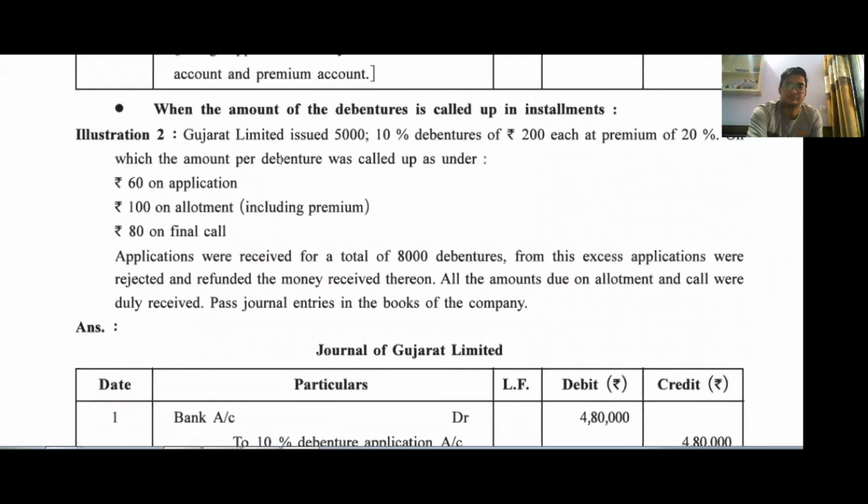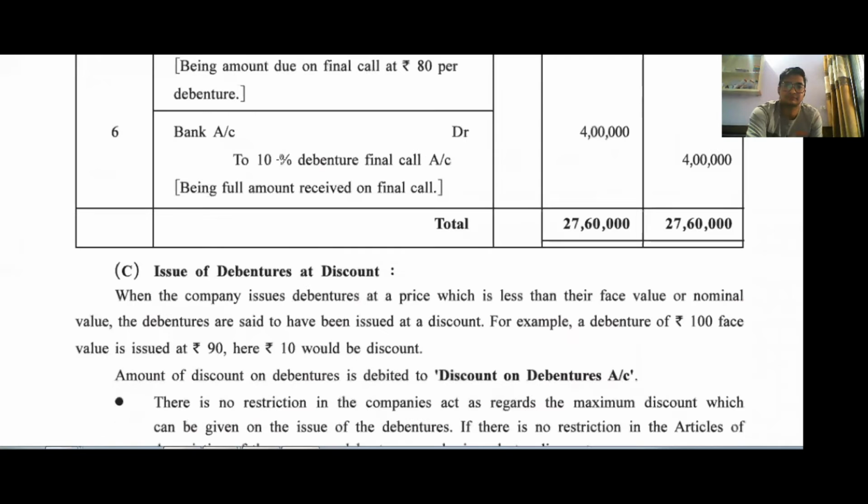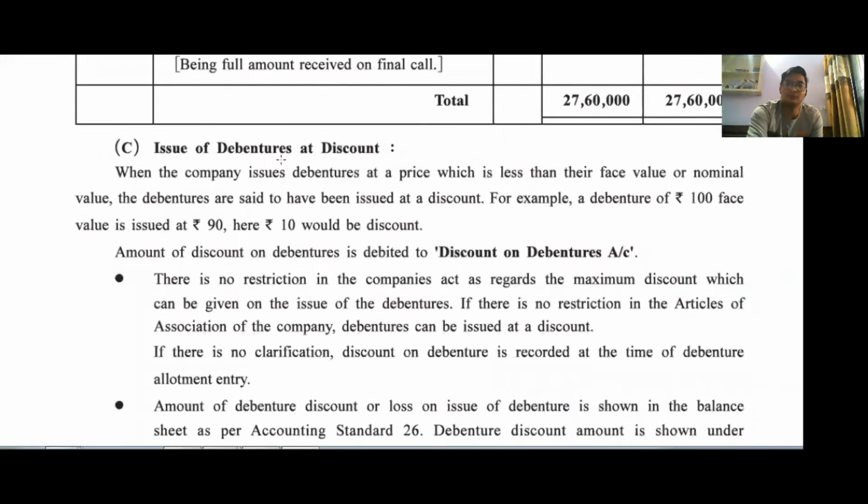Next one, issue of debentures with discount. Here, the face value of the debenture is 100 and the company is charging 90. So here the company is charging less compared to its face value. So 10 rupees, that is the difference, which we call discount. Now why is the company giving a discount?